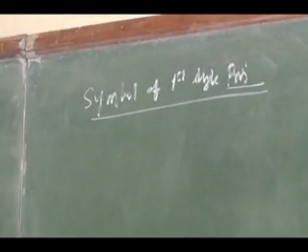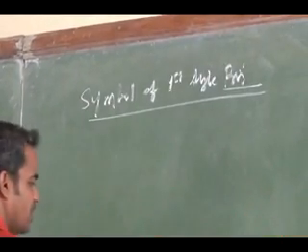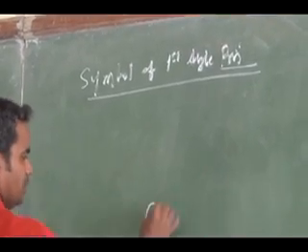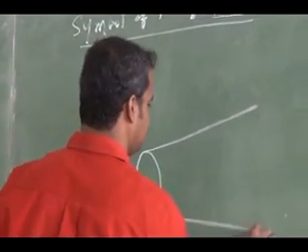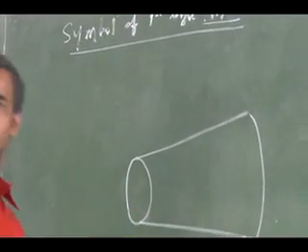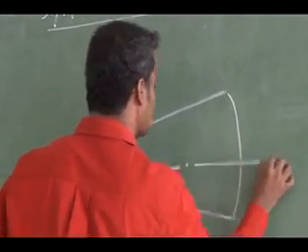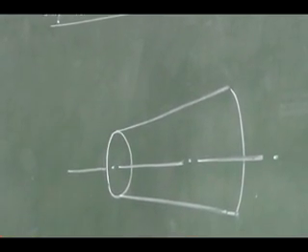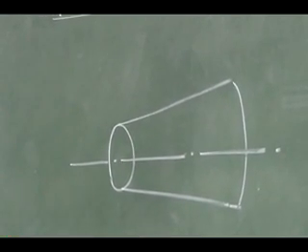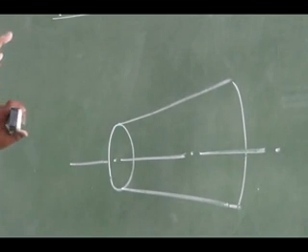We will have a frustum of a cone. We have seen, say, this is the frustum of a cone. It will have an axis, so the axis is parallel to VP and HP. The cone is placed like this.